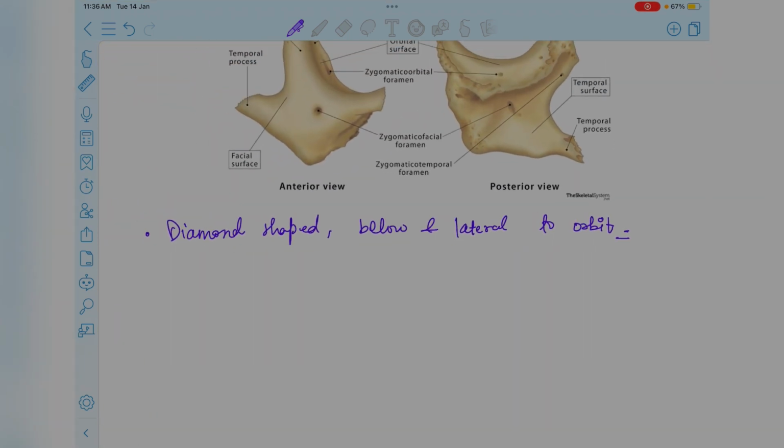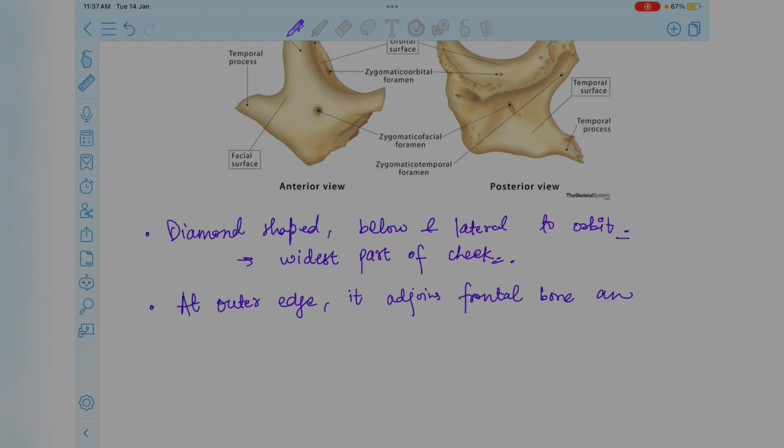After this, it is the widest part of the cheek. Second point, at its outer edge, it adjoins the frontal bone and sphenoid and maxilla within the orbit.